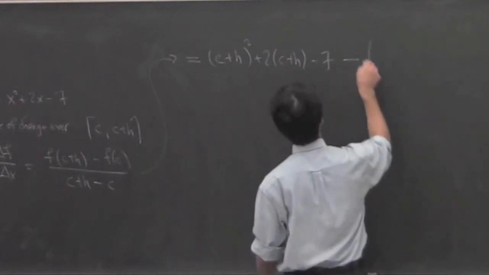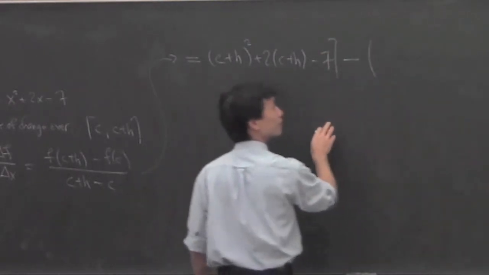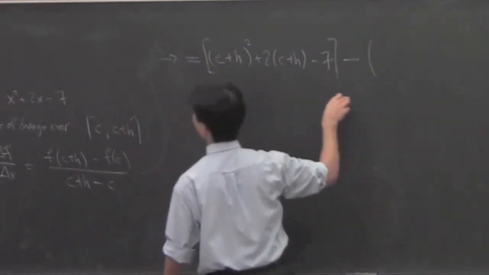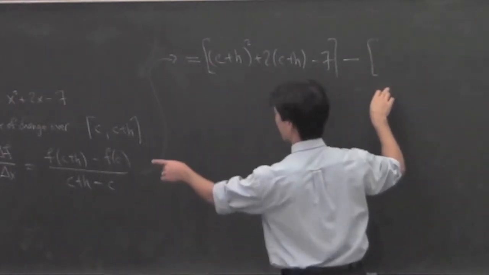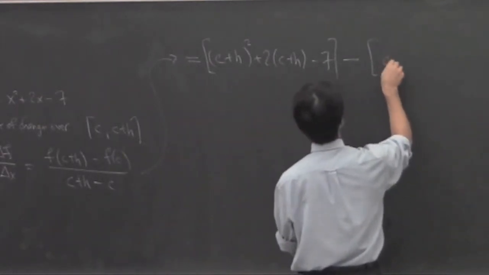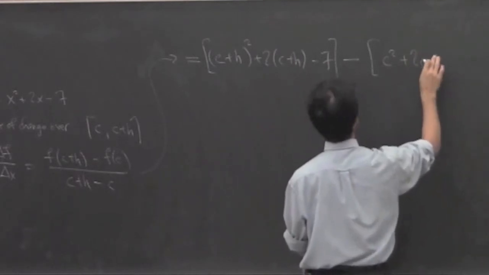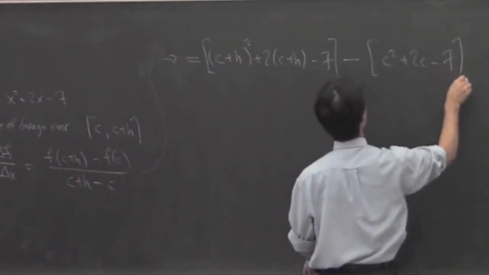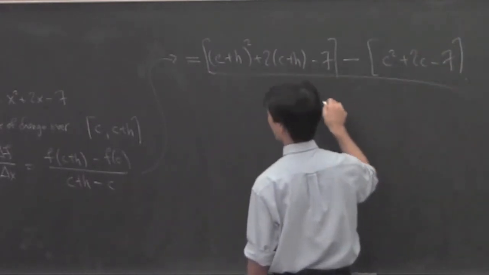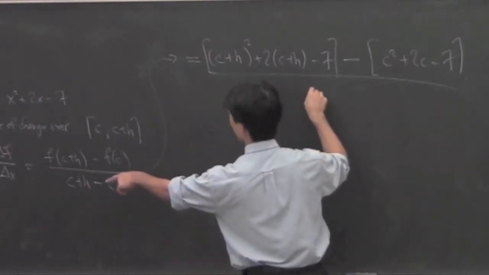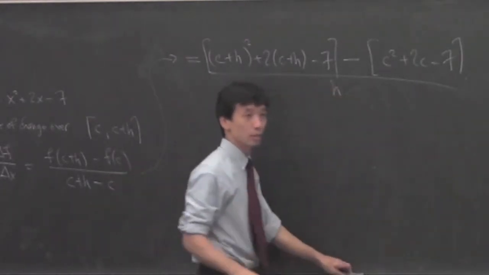And then we subtract off F of C, which is C squared plus 2C minus 7. And we divide everything by C plus H minus C, which is just H.